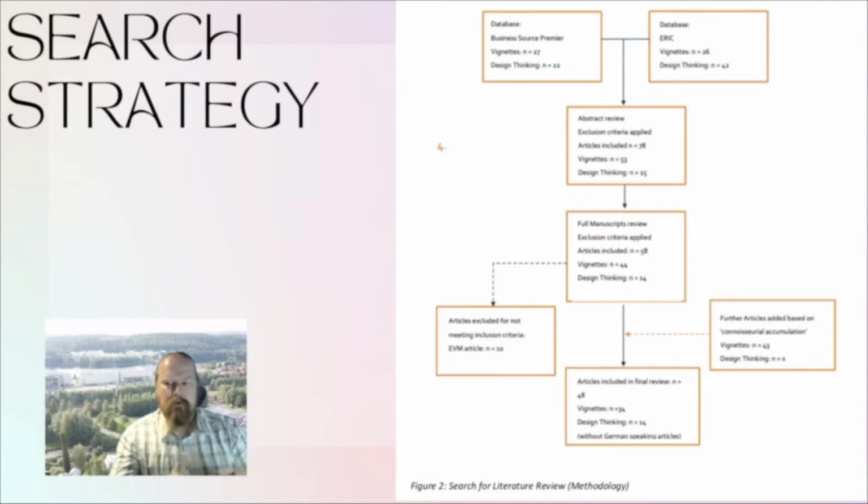After that, doing full manuscript reviews for selected papers, and through that way getting the final number of papers reviewed. In this picture you see an example from the report detailing the Austrian team's process on selecting their papers.